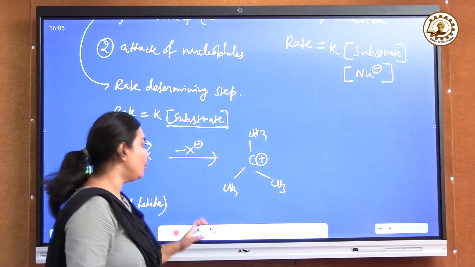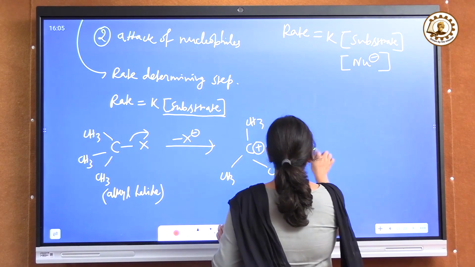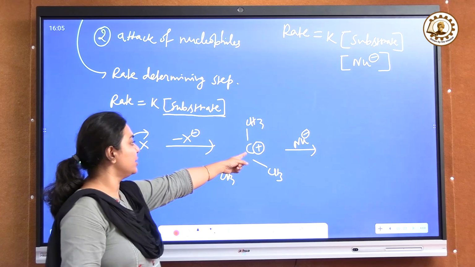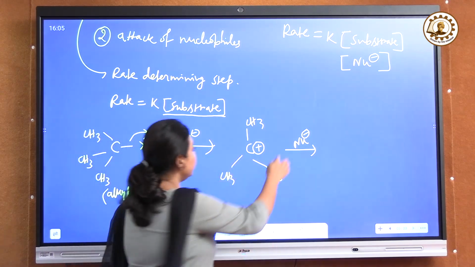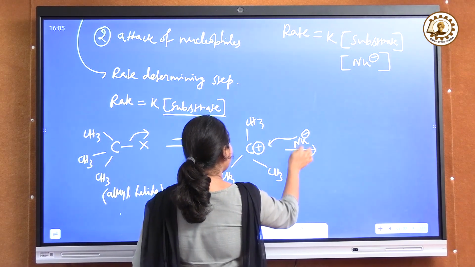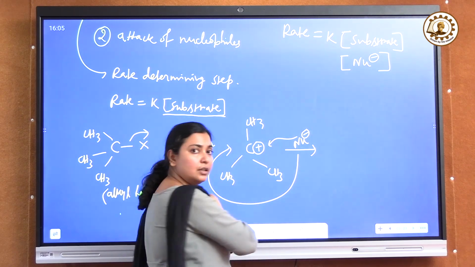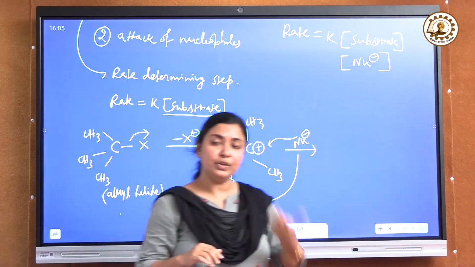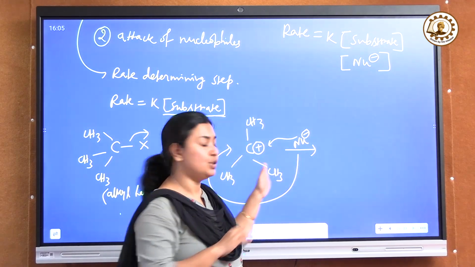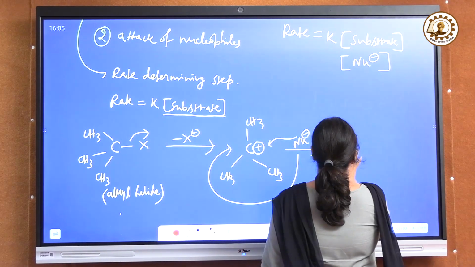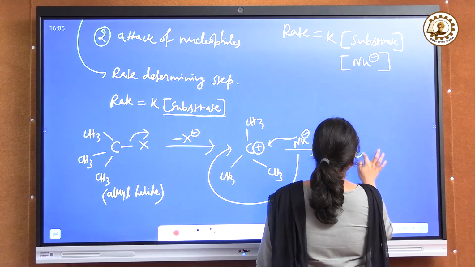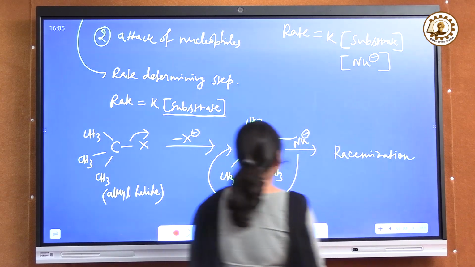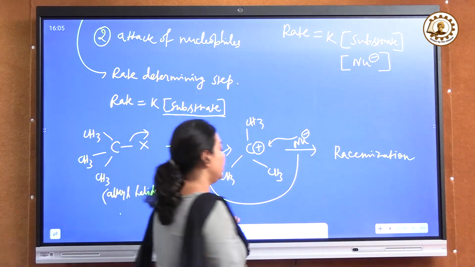Now what happens when the nucleophile attacks the electron deficient site? It can attack from this side or from this side. So both side attack is possible. That is why in the product of an SN1 reaction, it will give racemization.